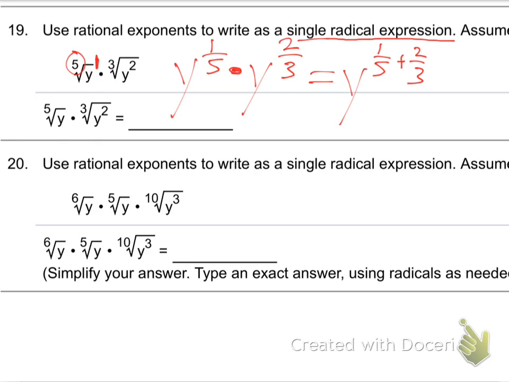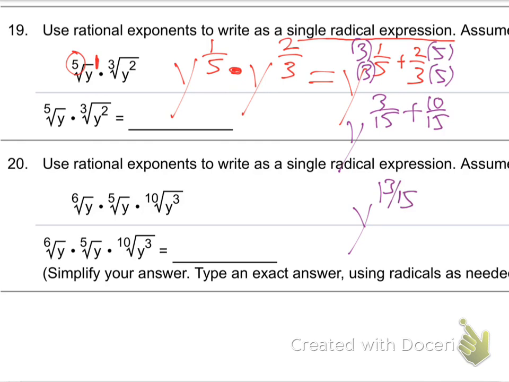One base, one y. Side by side, powers added, right? And now how do you add 1/5 and 2/3? Common denominator, right? So multiply top and bottom by 3, top and bottom by 5. So this is y to the 3/15 plus 10/15. So that's y to the 13/15.